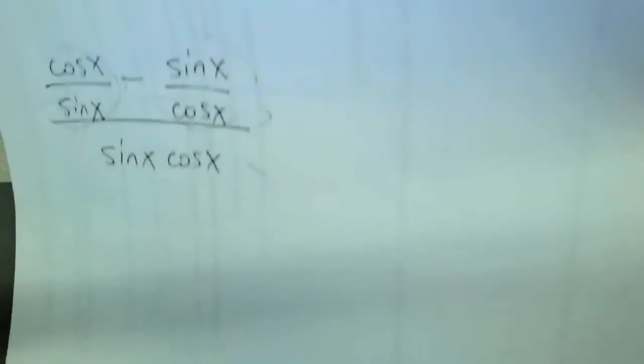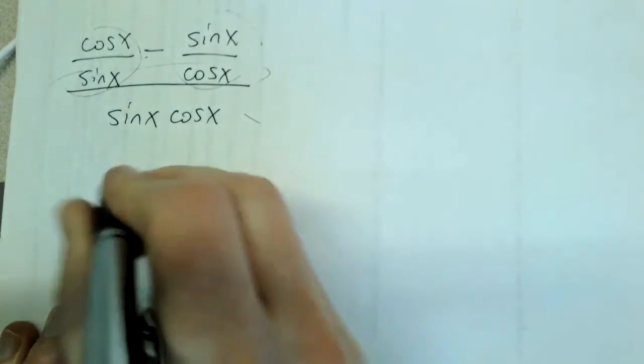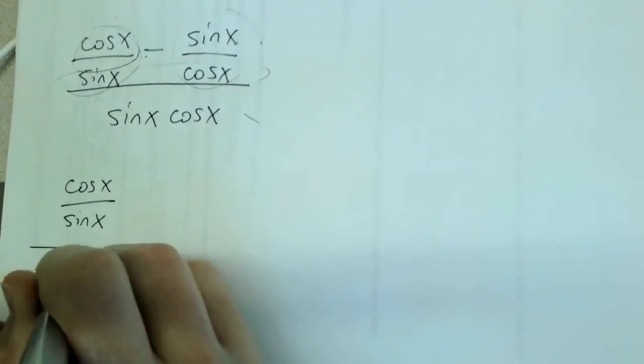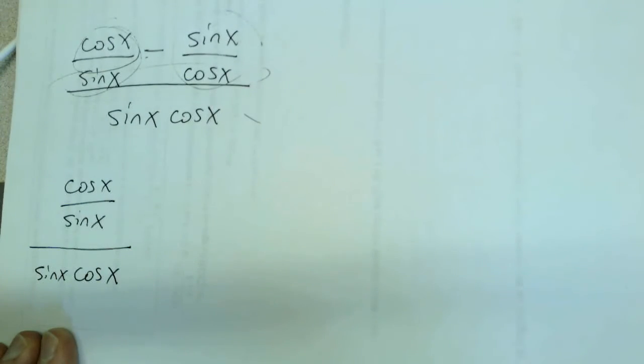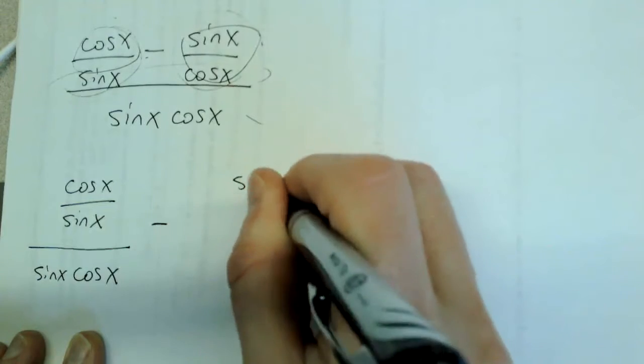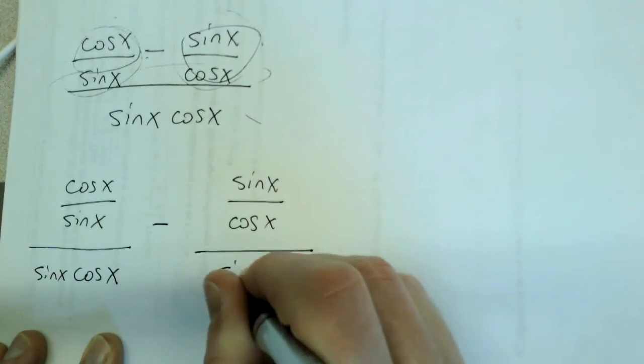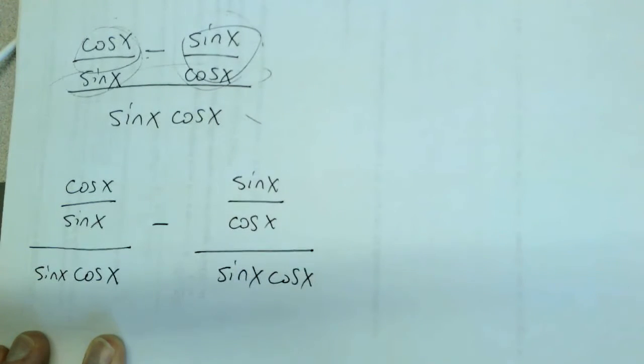You can split the fraction and write this as cosine x over sine x, that's this first term here, divided by sine x cosine x, minus this term here, sine x over cosine x, all over sine x cosine x. That's splitting the fraction. Do you see that I split the larger fraction? It's basically distributing the division by sine x cosine x. Is that okay?